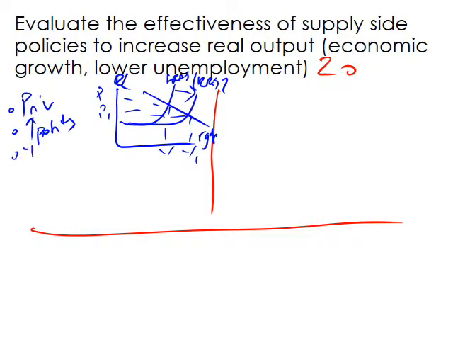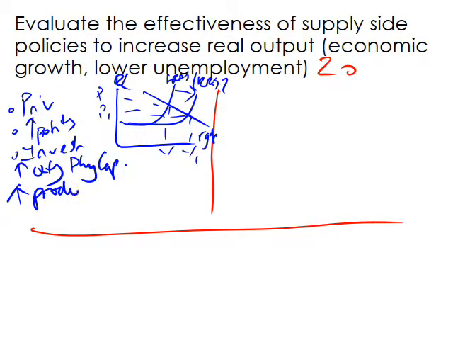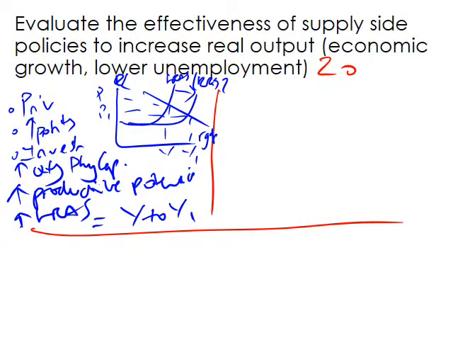This would increase investment, an increase in the quantity of physical capital, increase in the quality of physical capital, which would increase the productive potential, and through increasing the productive potential we'll increase long-run aggregate supply, and this causes the increase in economic growth, y to y1.